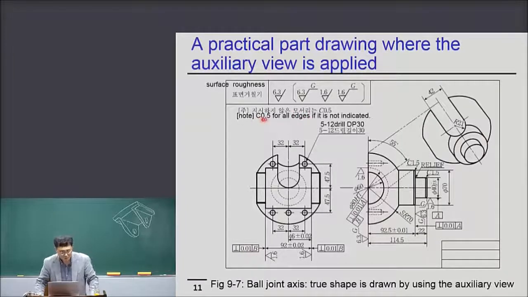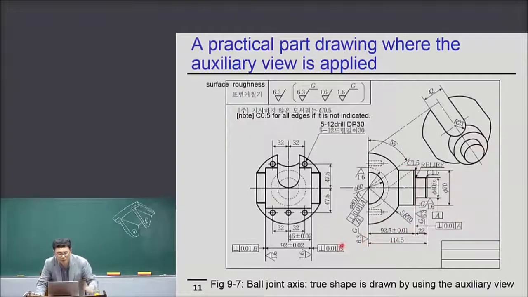C means chamfering, right? Without this note, all edges remain as sharp edges, like a knife edge. With this note, all edges should be machined additionally, so they should not remain as sharp edges. So this note is very important. If a different chamfer is needed, such as C1 or C1.5, it is especially indicated. Okay, right?